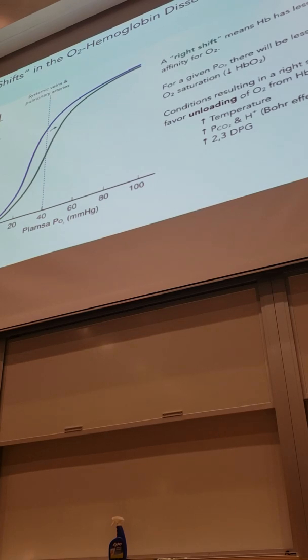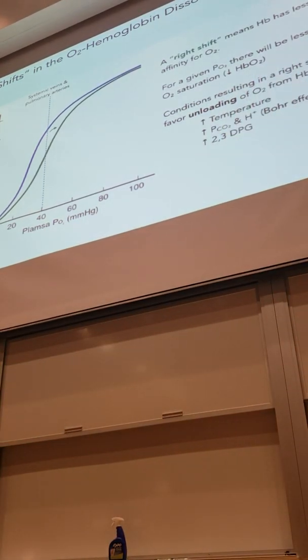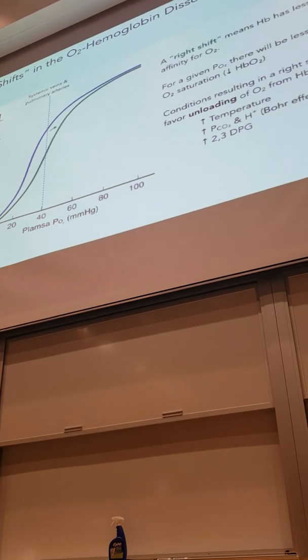Okay? What about CO2? We have more CO2 produced by our cells. That's going to favor unloading of oxygen. Okay? And CO2 always translates to elevated hydrogen as well. Okay, this is known as the Bohr effect. But essentially, it's the same principle where if we have metabolically active cells, that interstitial fluid around those cells will influence the blood plasma, which in turn influences hemoglobin.